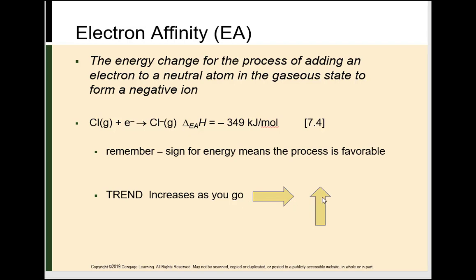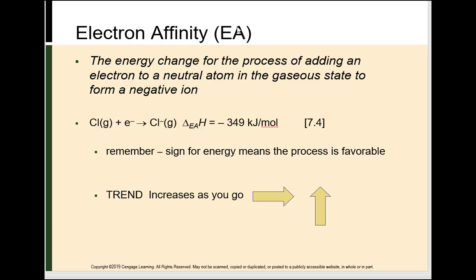If you think about it, as we go to the right, so my very far right, not my noble gases, but fluorine, chlorine, bromine, iodine, those are going to be really high because they really want 1 electron. And slightly less, oxygen, sulfur, those want 2 electrons. They want to become a -2.